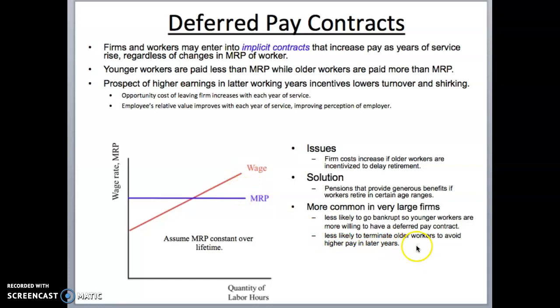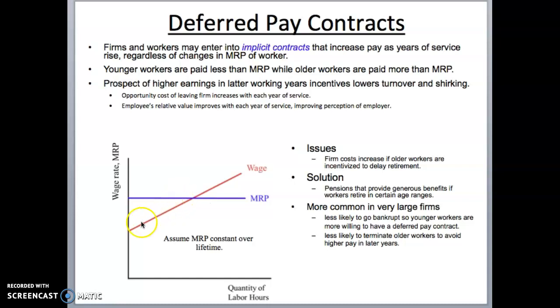It's less likely to terminate older workers to avoid higher pay in later years. Big companies, when they establish these kind of deferred pay contracts, want to send a message not only that they're going to be around a long time, but that they're not going to take that 40-year-old, let's say, right here, and the second that they start earning a wage above marginal revenue product, fire them.